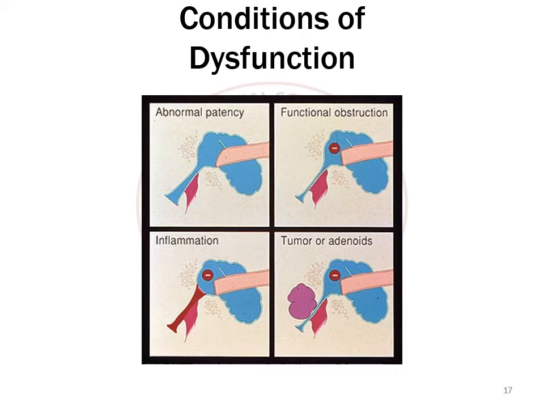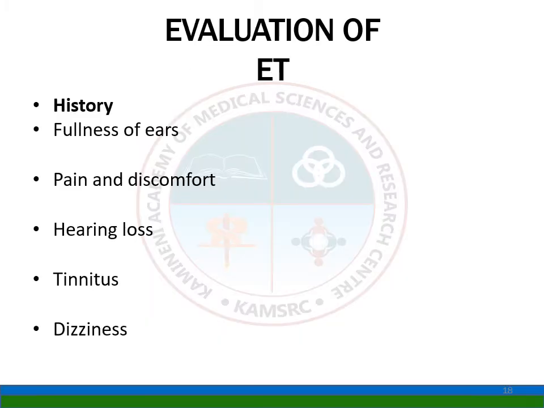In a case of abnormal patency, it should not be open always, and if we have a functional obstruction, such as inflammation, tumors or adenoids, in these cases the eustachian tube will be dysfunctional.